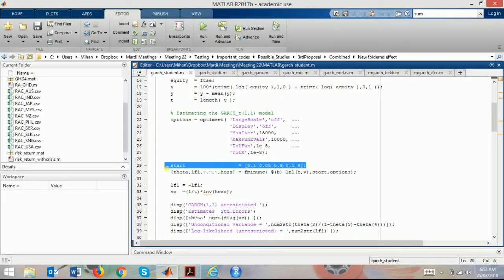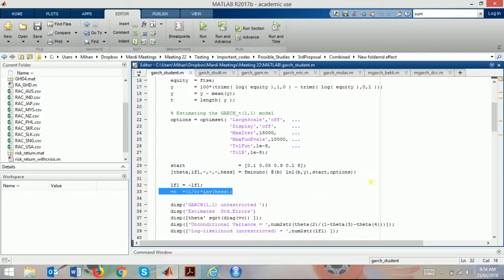This is just a random initialization for gamma, alpha naught, alpha 1, beta naught, tau. Now you can begin with any numbers you want. I generally go for randomization or random with random stream, and that yields good results. There is no question about that.